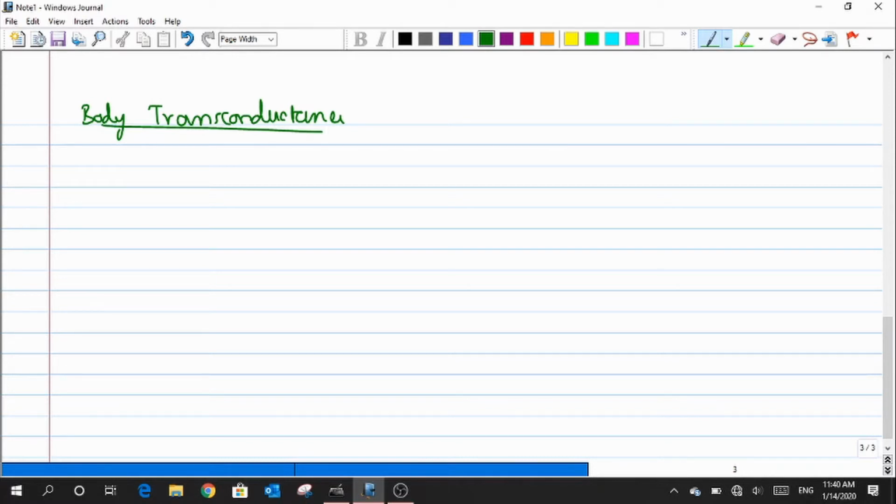Is that clear? So let me begin with this physical structure. From the physical structure, we'll derive the large signal, and from the large signal we will derive the small signal parameter. Okay, so this is the relation that I'm going to derive right now.